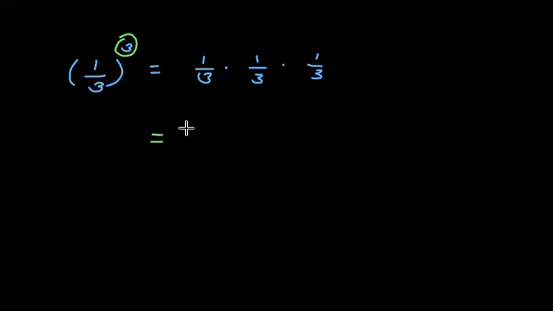Then I go back to my fraction multiplying. In multiplying, I take the numerator and multiply it by itself, the denominator multiply it by itself. In this case, 1 times 1 times 1 is 1. 3 times 3 is 9, times 3 is 27. So 1/3 cubed is equal to 1 over 27.